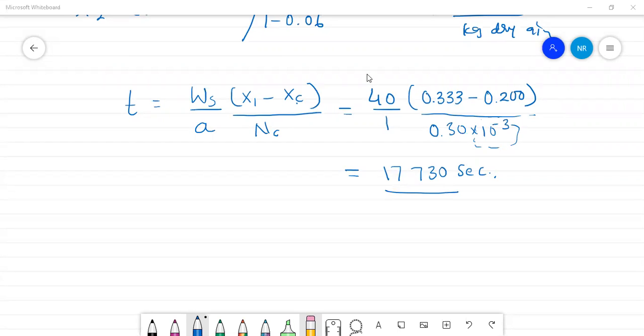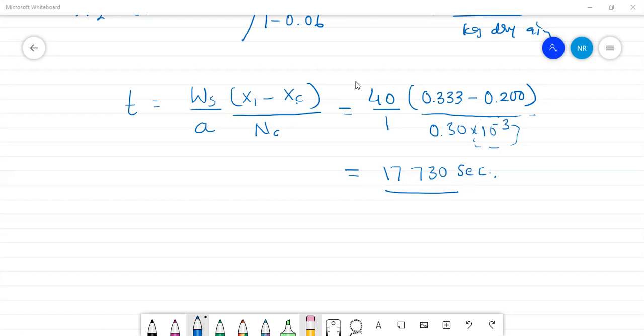Now we have to calculate for the falling rate period. So for the falling rate period, what do we have to do?